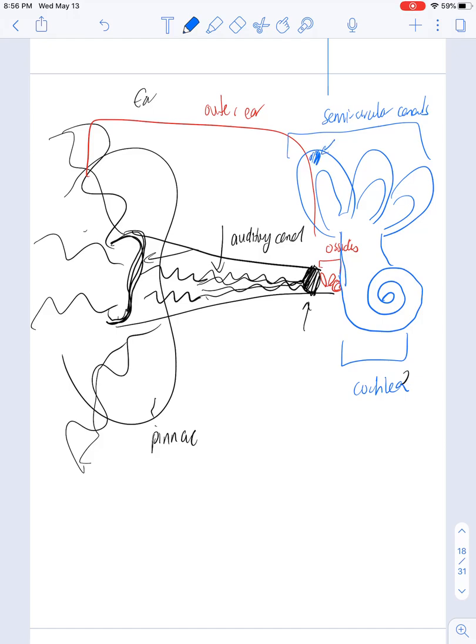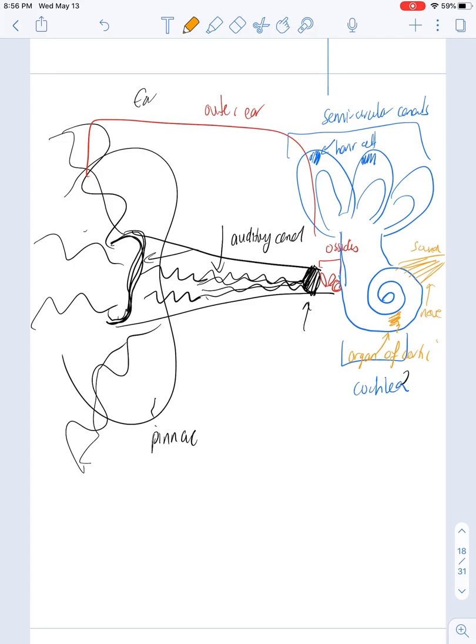The semicircular canals have hair cells, so imagine these are hair cells in the semicircular canal, and the cochlea also has hair cells. The hair cells in the cochlea are found in the organ of Corti, and this hair cell in the organ of Corti is what's responsible for sound, okay?